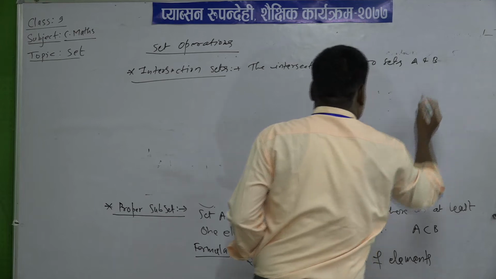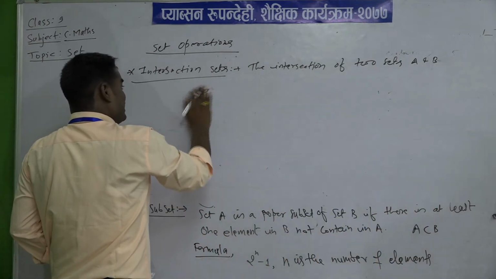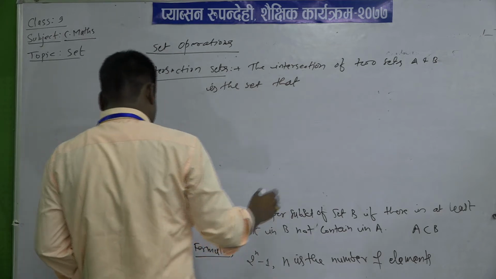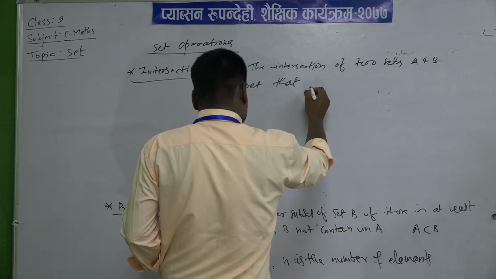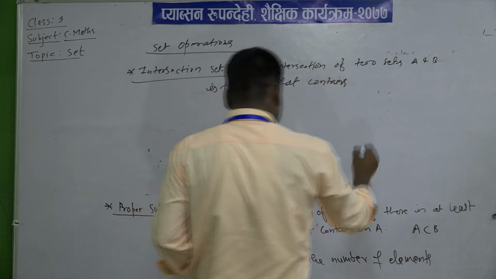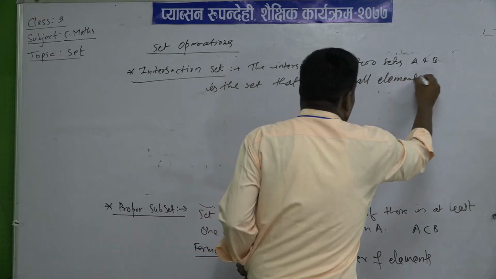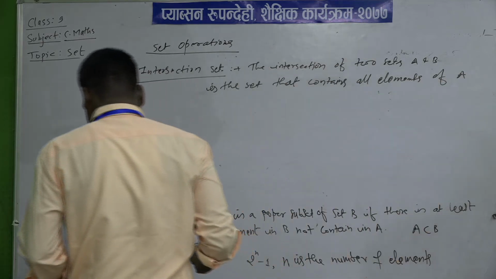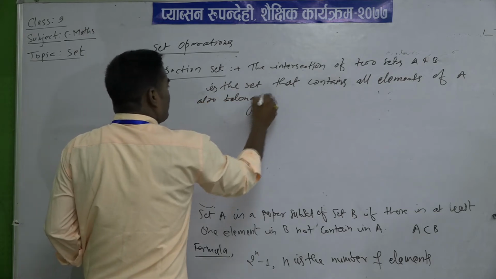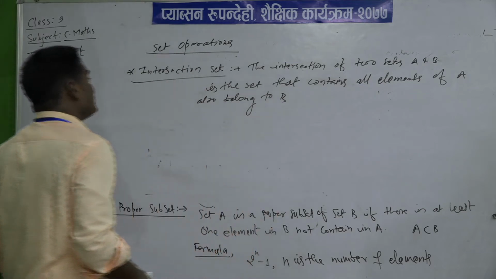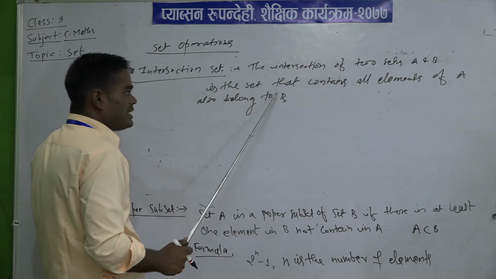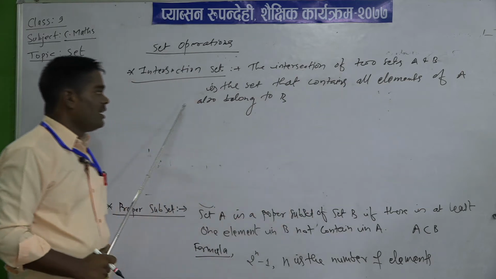The intersection of two sets A and B is the set that contains all elements of A that also belong to B. Intersection set: the intersection of two sets, A and B, is the set that contains all the elements of A that also belong to B.